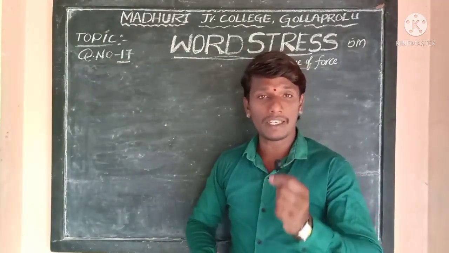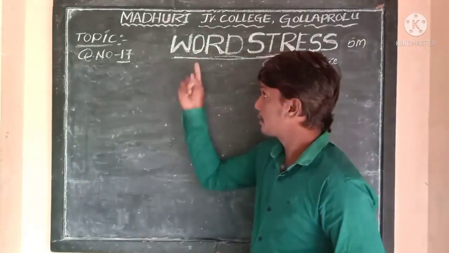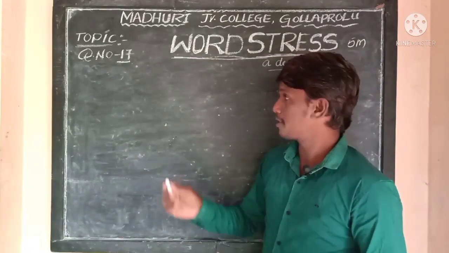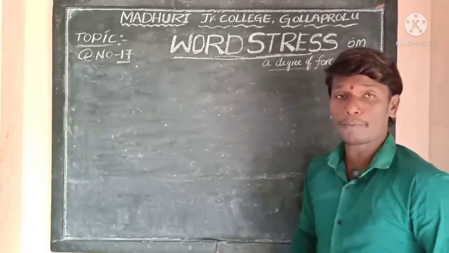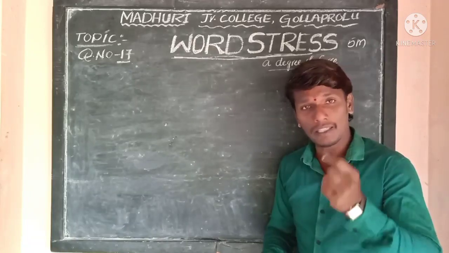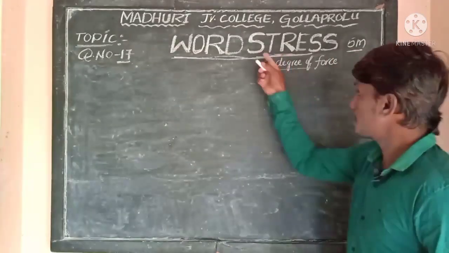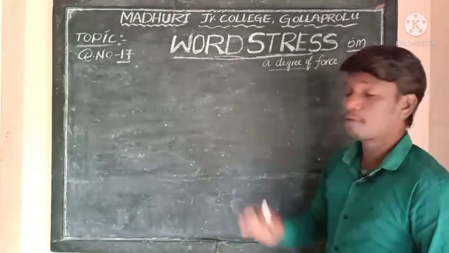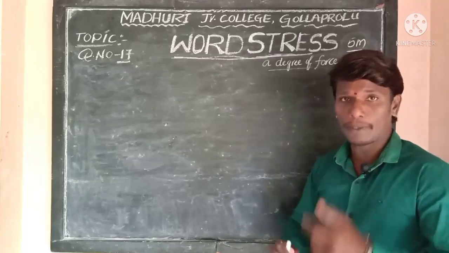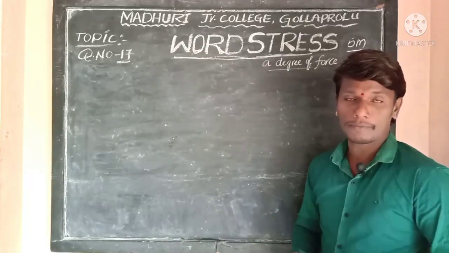The intermediate second year English paper has 17 Roman numbers, and this topic will be tested under question number 17. This grammar topic carries 5 marks, and this topic is purely for 5 marks. Okay, and before going to talk about the topic word stress, what exactly is word stress?